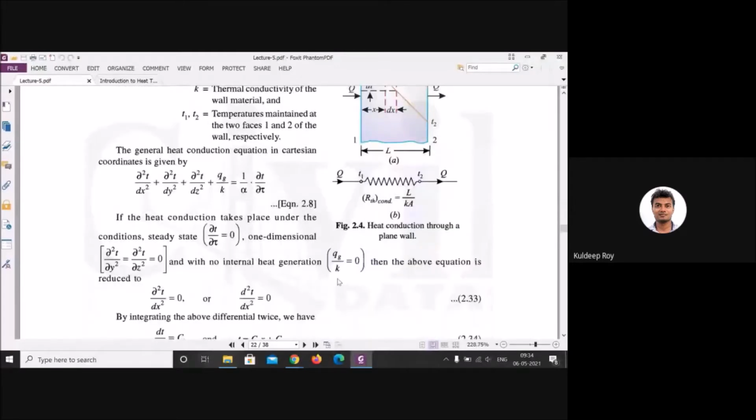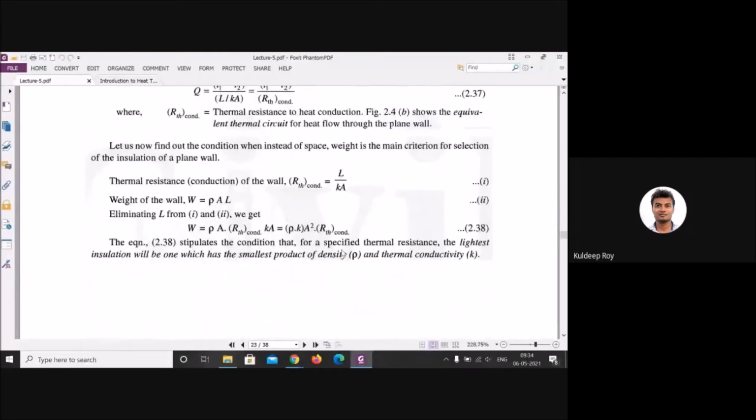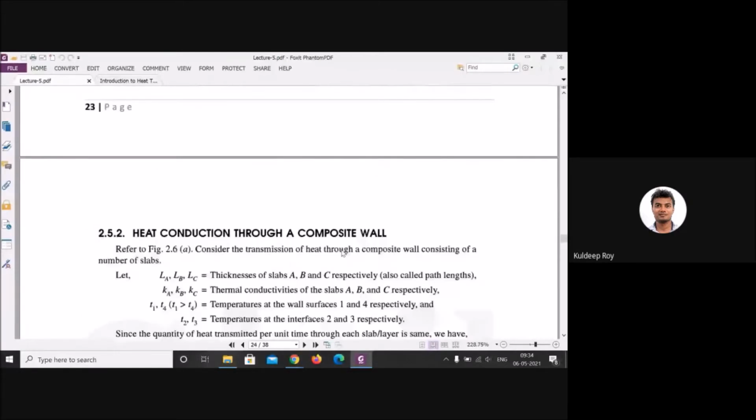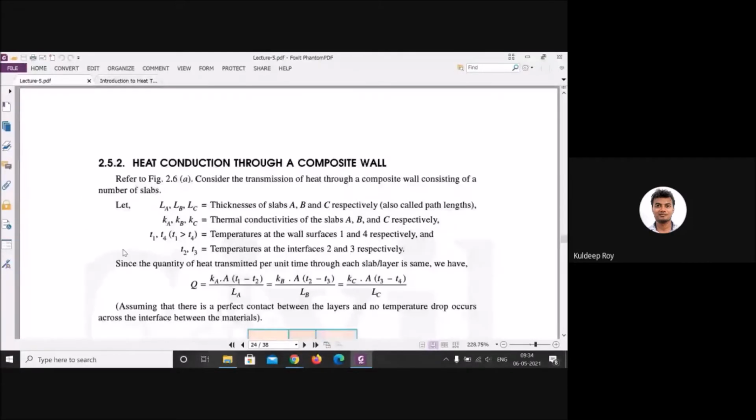Now today we will talk about what will happen if you take a composite wall. Means if you have multiple walls, whereas generally we talk about a single wall. If you take multiple walls, one, two, three, one will be any kind of coating, or you are providing any kind of glass wool.